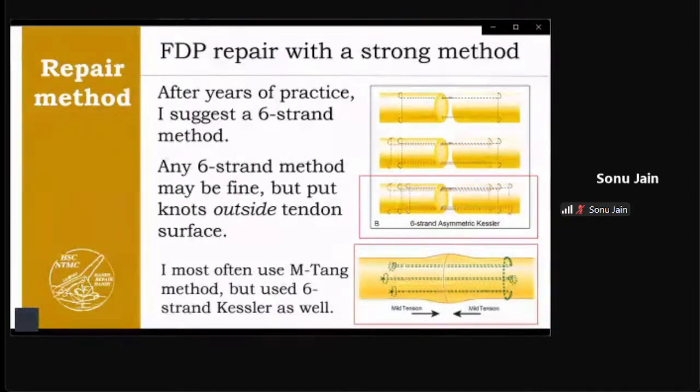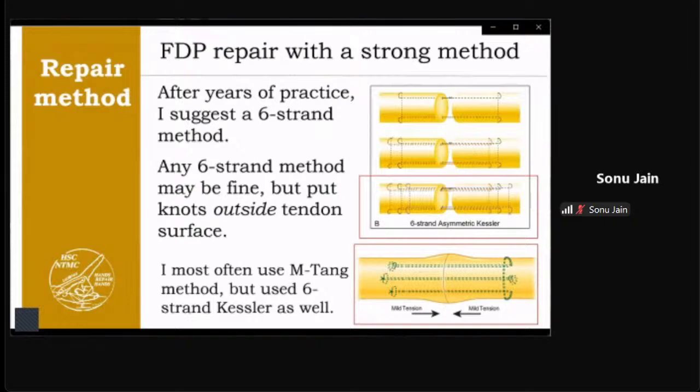If you put the knots in between the tendon junction site, you actually put a foreign body between the tendon ends. That part will never connect with tendon tissue in the healing process. Also, with the knots inside between the stumps, you create a gap inside the tendon, which is also a risk factor for rupture.